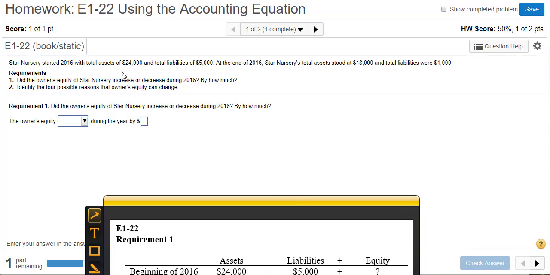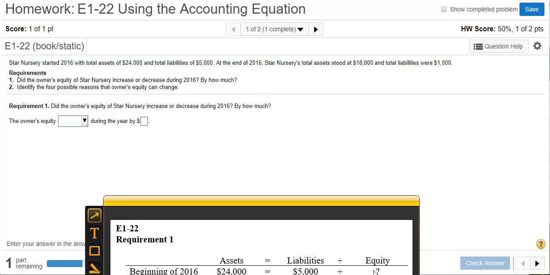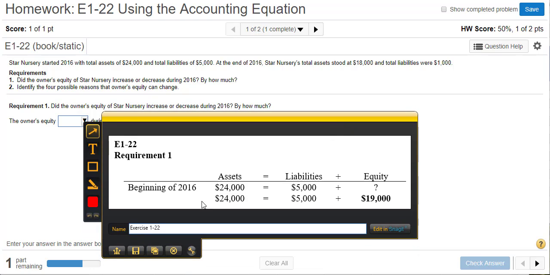So all we're going to do now is plug in two of the three variables and calculate the last one. Our total assets were $24,000. Our total liabilities were $5,000. So what was equity? To calculate equity, $24,000 minus $5,000 gives us $19,000.